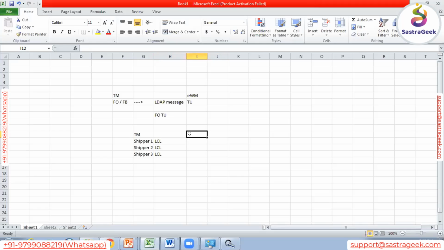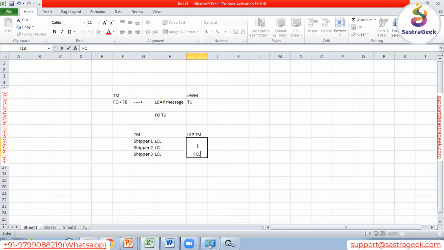Now they give this to an LSP, and suppose the LSP has TM installed. What the LSP will do is, if these three shippers are combined into one container, and then the container is full, he will say it is FCL.